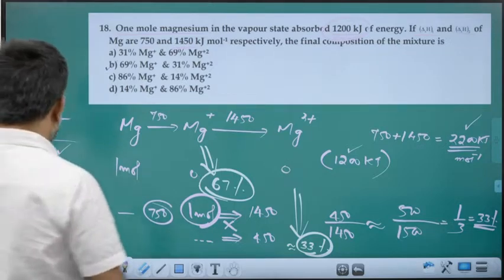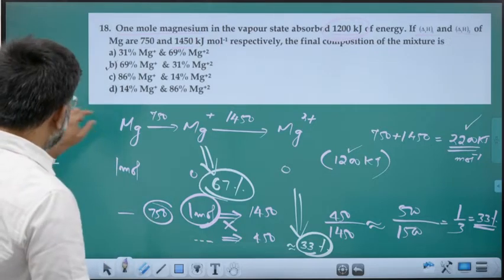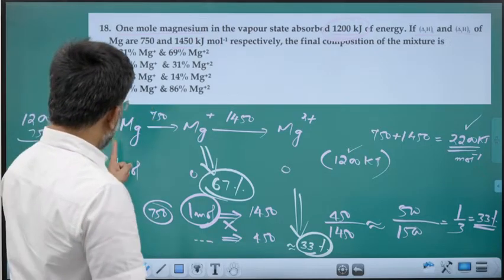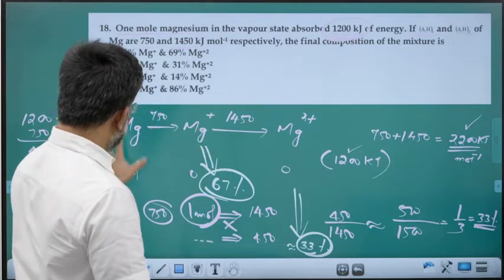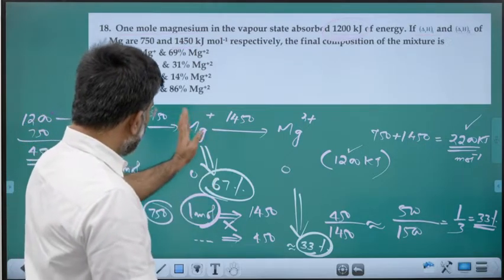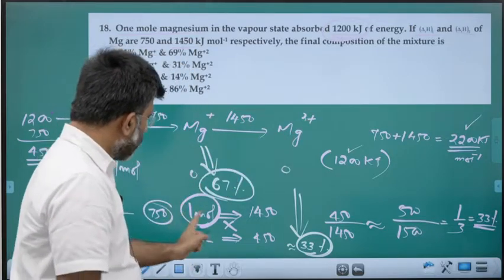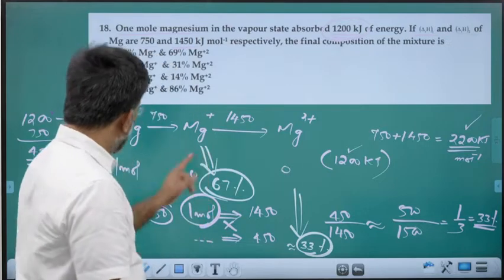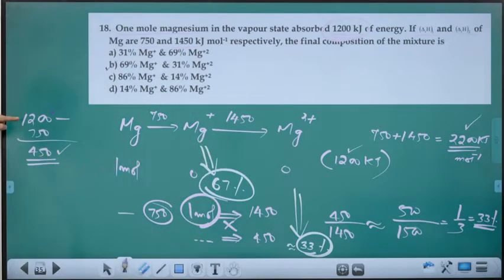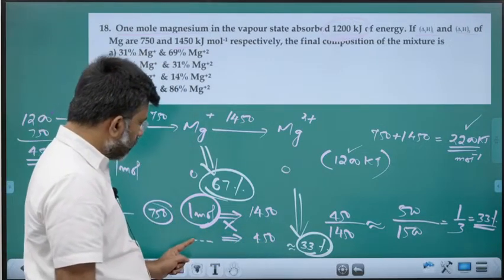So the total energy absorbed is 1200, out of which 750 is consumed, 1 mole converted to Mg plus, and the Mg remaining is 0. Now Mg plus is 1 mole. To entirely convert 1 mole of it to Mg2 plus you need 1450, but what energy you have is 1200, of which 750 is consumed already, remaining 450. Using 450, how much fraction can you convert?